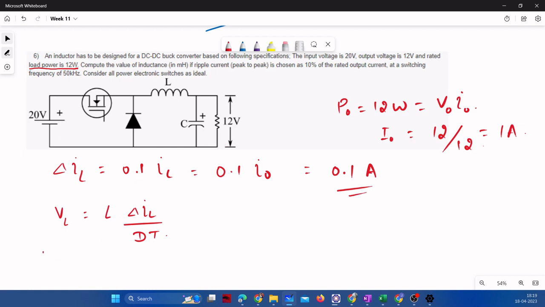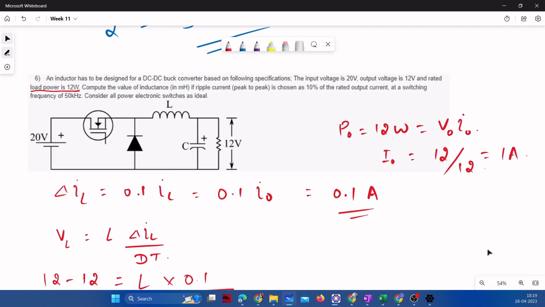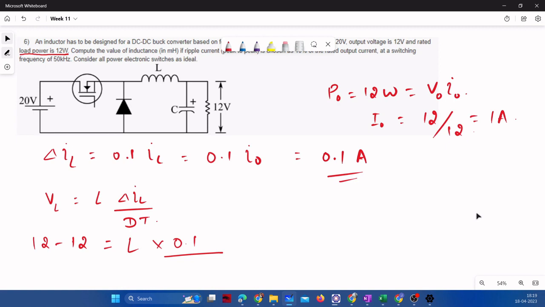So it will be 8 volt, and for the inductor we need to compute, ΔIL is 0.1 ampere divided by duty ratio. It is not mentioned directly, so we can compute the duty ratio. Oh no, sorry, it is 20 minus 12.